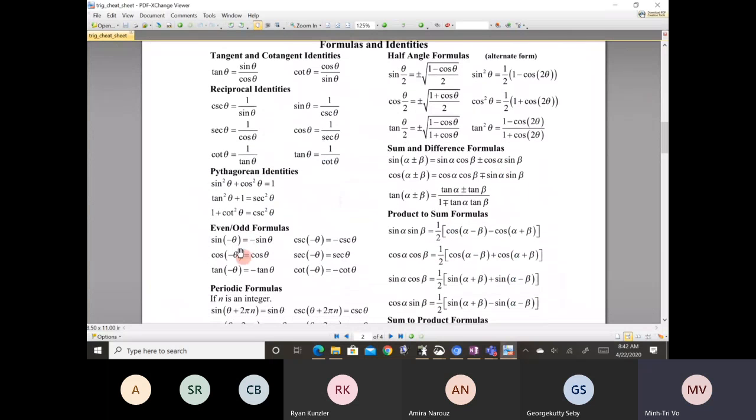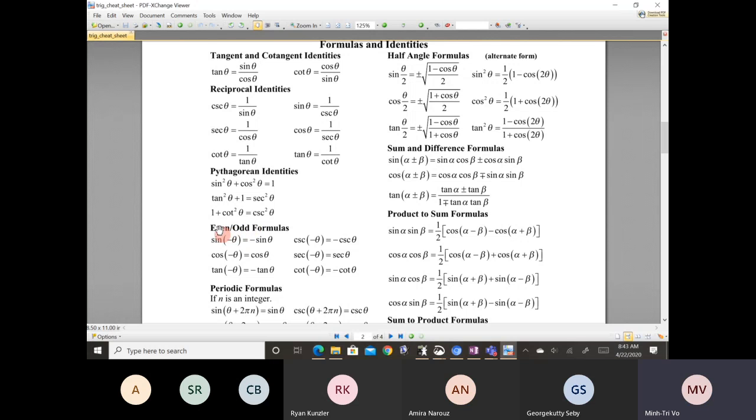So the next thing we'll discuss is the even odd formulas. Basically the even odd formulas just describe how the trig functions behave when the angle becomes negative, and there's two different behaviors: the even behavior and the odd behavior.